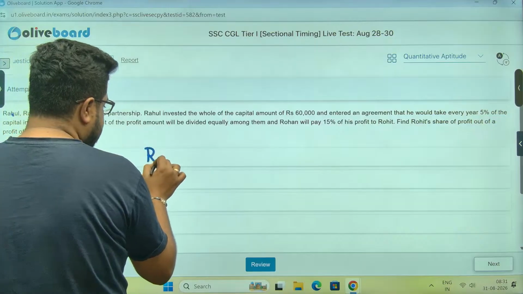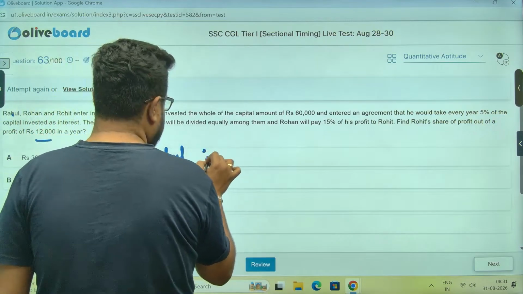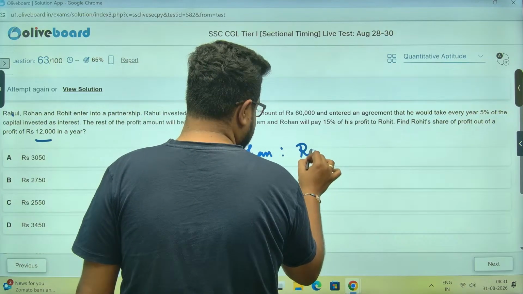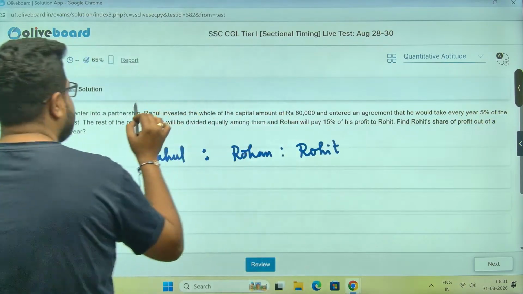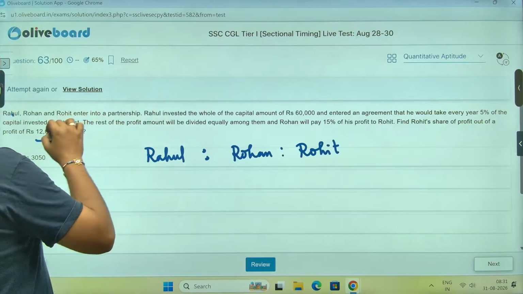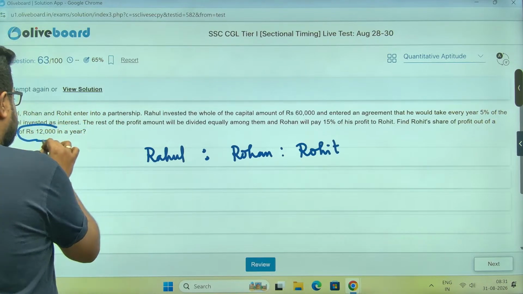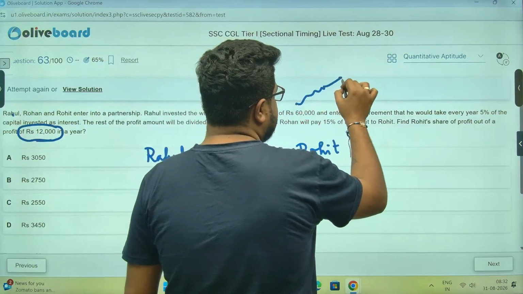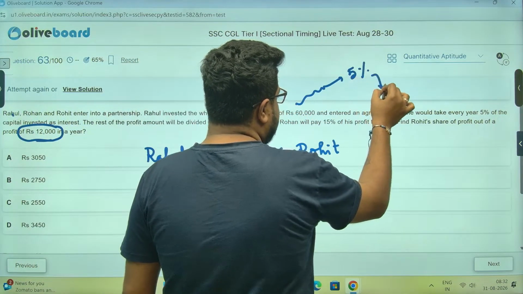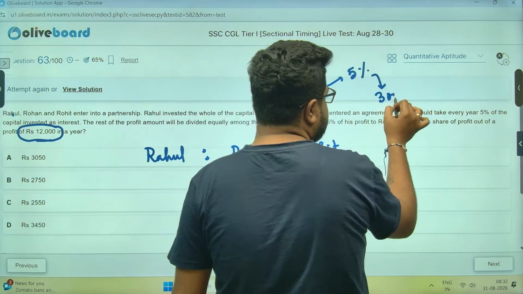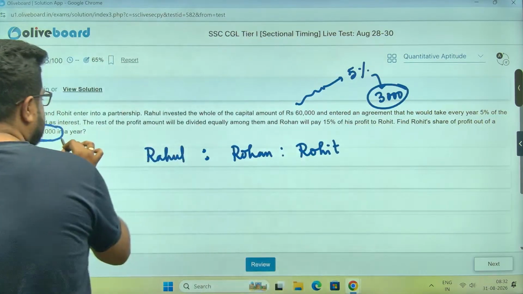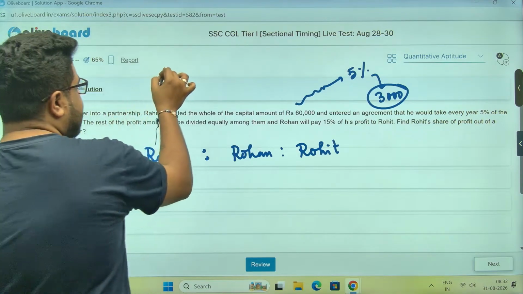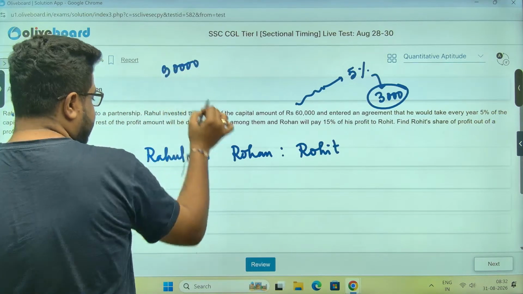Sir, Rahul is here, Rohan is here, and Rohit is here. First things first, 5% of his investment he will take away. So 10% will be 6,000, 5% will be 3,000. So out of this 12,000 rupees, 3,000 Rahul has already taken. So we are left with 9,000. That will be divided between them equally.